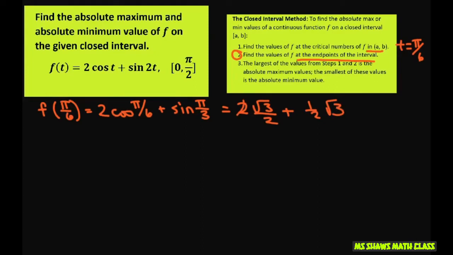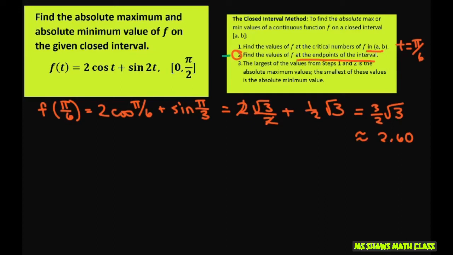Now these two cancel, so when you add these two up, this equals 3/2 square root of 3, or 3 square root of 3 over 2, which is approximately 2.60.